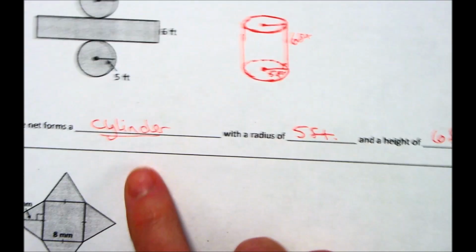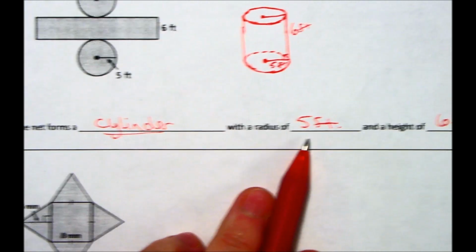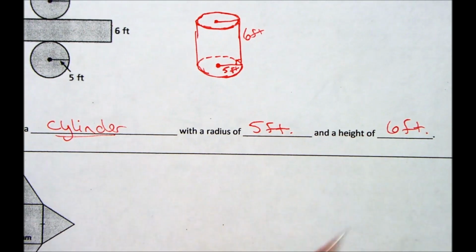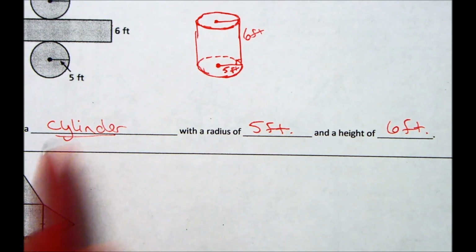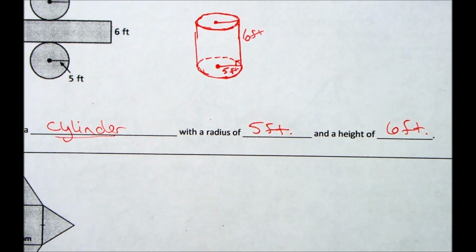So that's how we would write our description. So it forms a cylinder with a radius of 5 feet and a height of 6 feet. And there will be other things in this chapter that you will have to be describing. So this is also good practice for what's coming up.